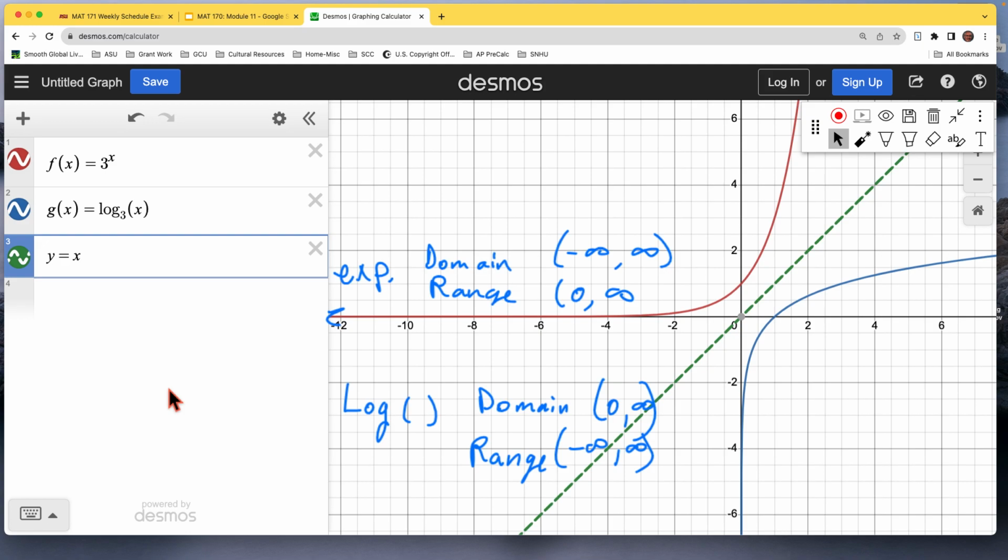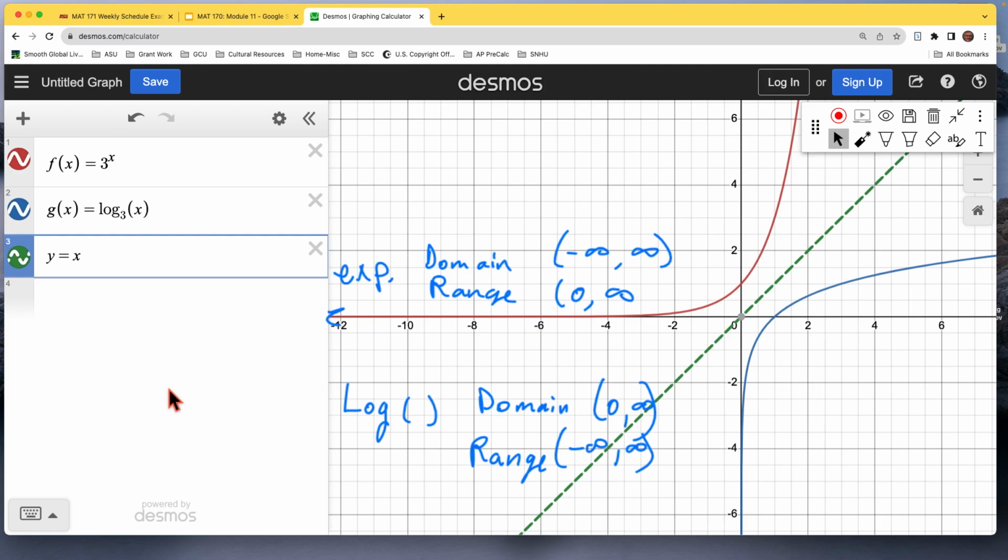It really just switches the x and y's. On the line y equals x, all the x's and y's are equal: 1, 1, 2, 2, 3, 3. If you switch 2, 2, can you tell which one was which? No, it's still 2, 2. So that line is a place where, when you switch it, you can't tell. 3, 3 is still 3, 3. But for every other point, like x is 1, y is 3, if you switch that, now it's 3, 1. And that would be the inverse.